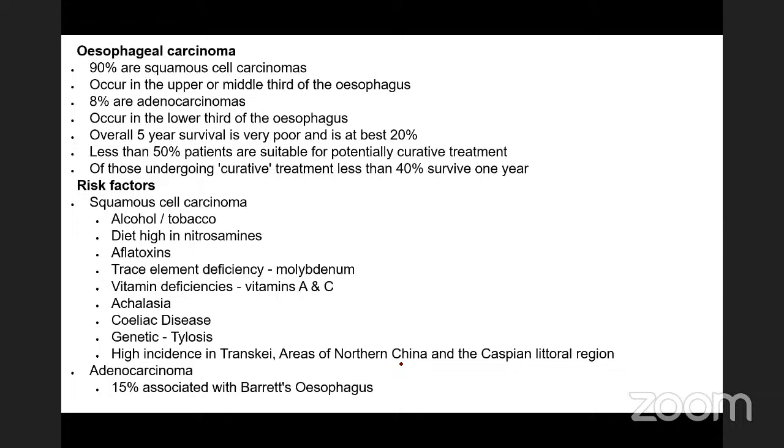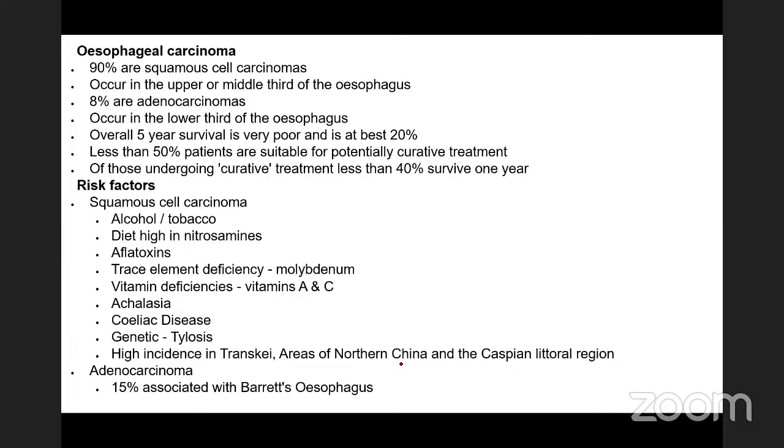Now, 90% of esophageal carcinomas are squamous cell carcinoma, and they occur in the upper or middle third of the esophagus. 8% are adenocarcinoma, which occurs in the lower third of the esophagus.